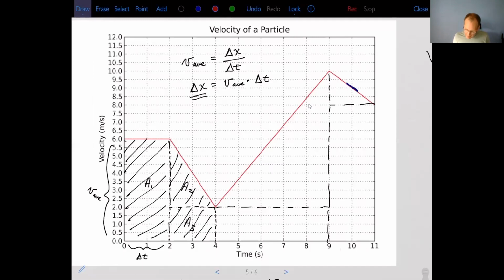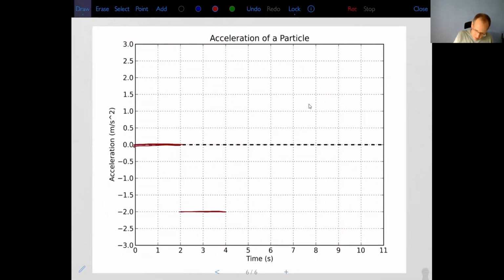Then from 4 to 9, it's going from 2 to 10, so that's 8. And my run is 4 to 9, so 5, so 8/5, which is about 1.6. That's all the way to 9.